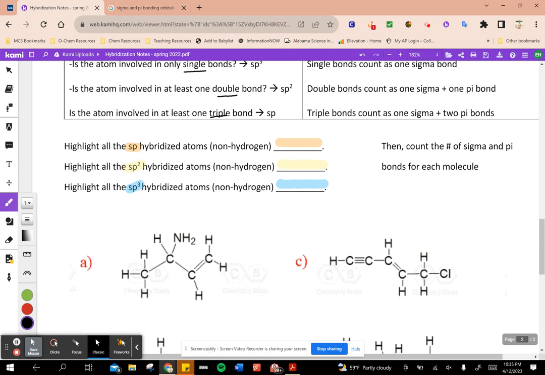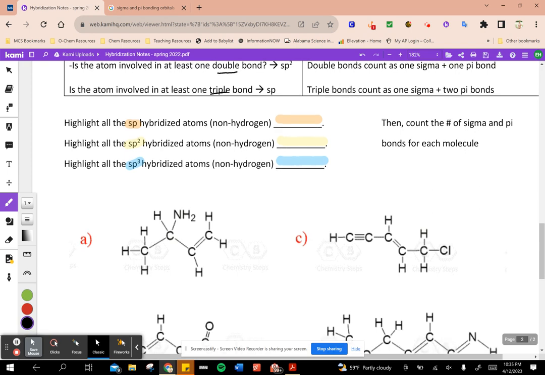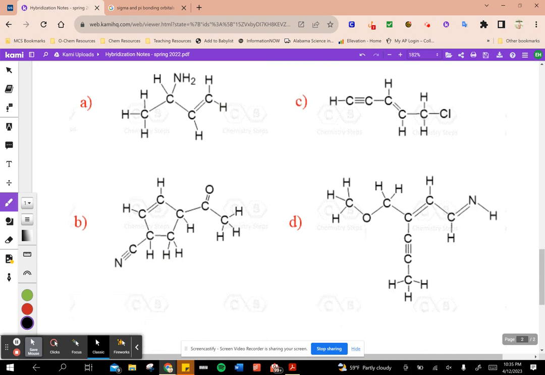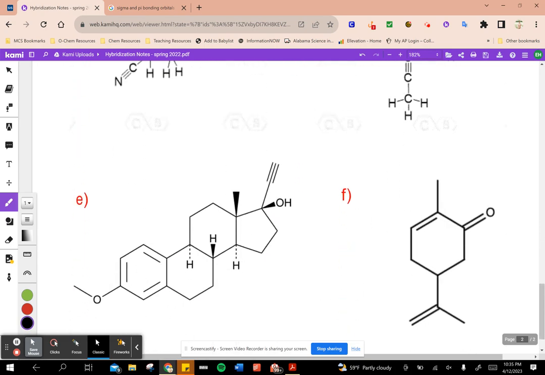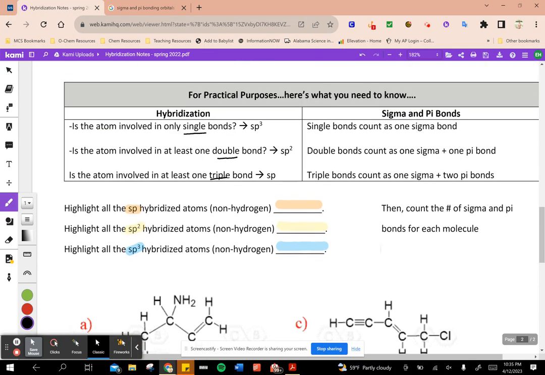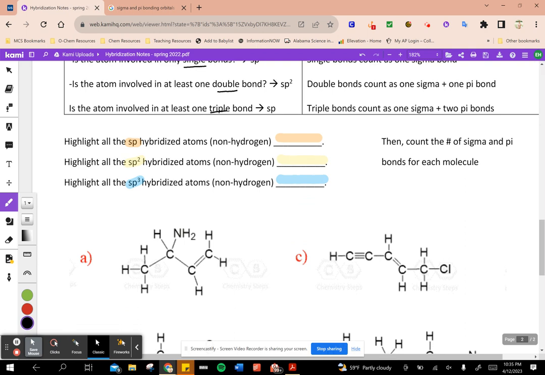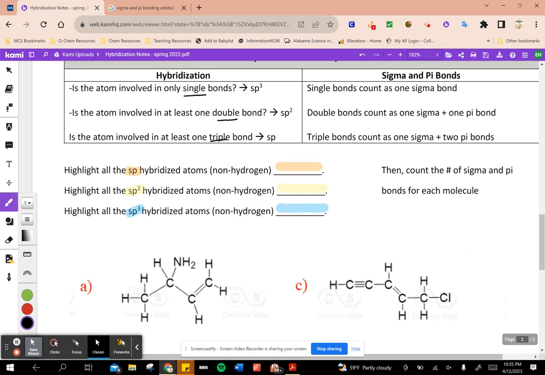All right, so I've got some little diagrams here from a website called Chemistry Steps. What we're going to go through and try is to identify the hybridization of the different atoms that we encounter. So we'll start with A here. We're going to look for things that aren't hydrogen and try to color code them based on their hybridization.